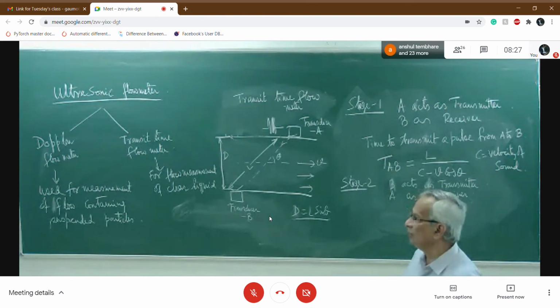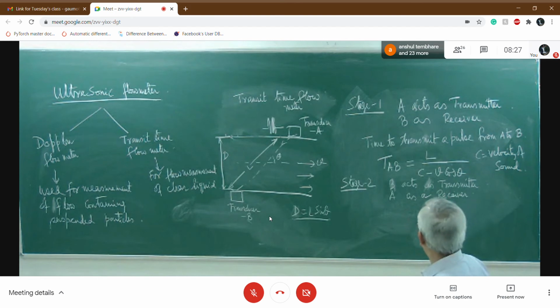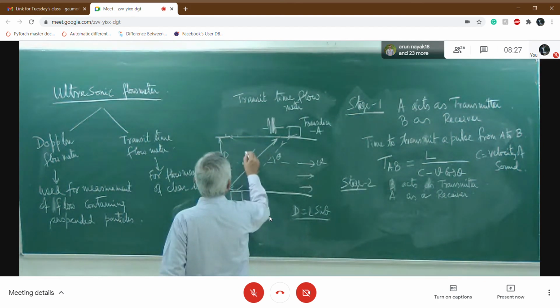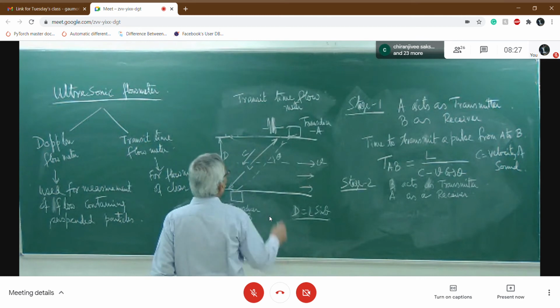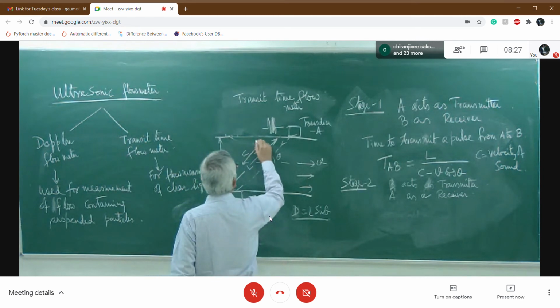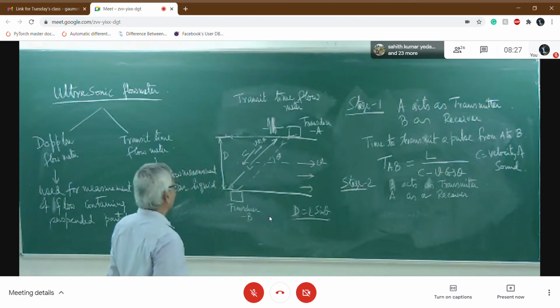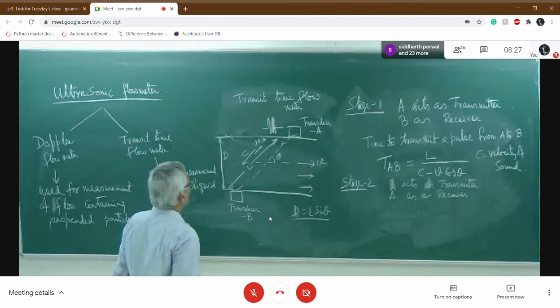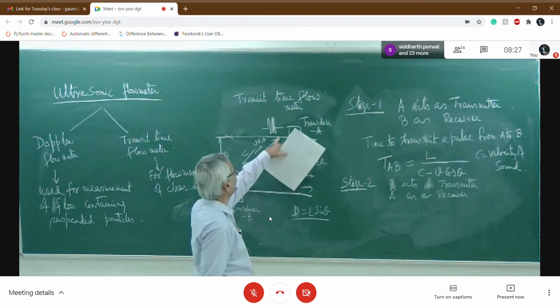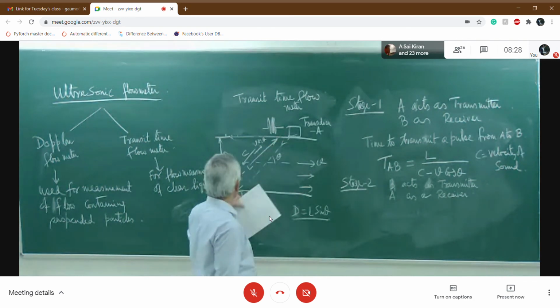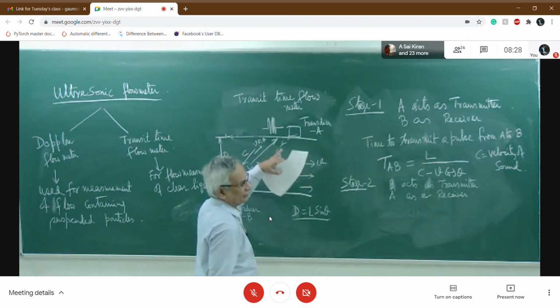Sir, that V cos theta is against the flow, would it be plus? This is C, and this is V cos theta. When A is the transmitter and B is the receiver, the effective velocity of ultrasound from this point to this point will be C minus V cos theta.